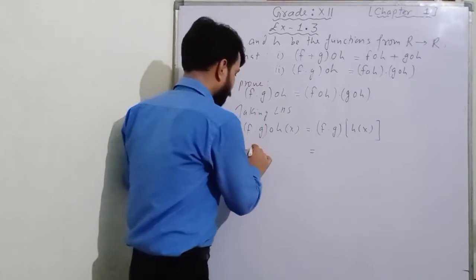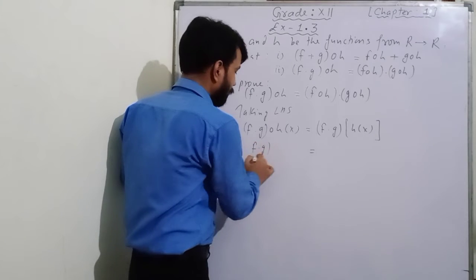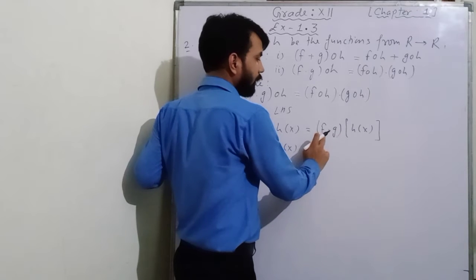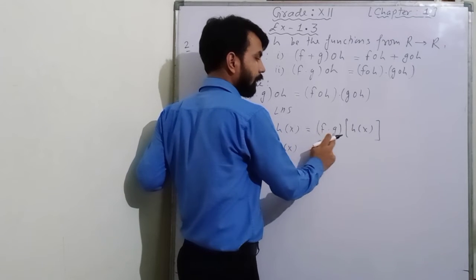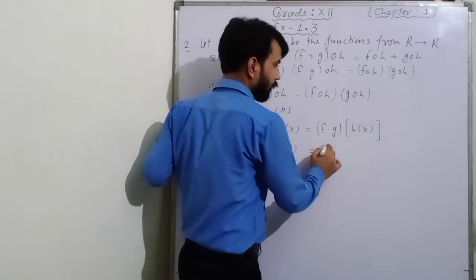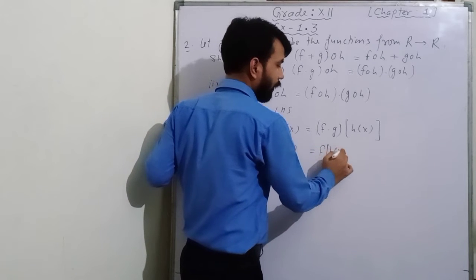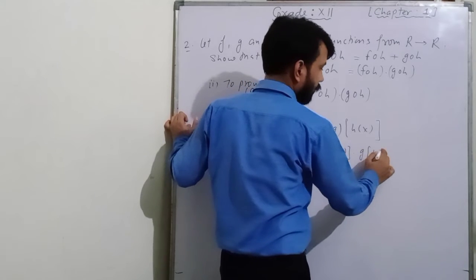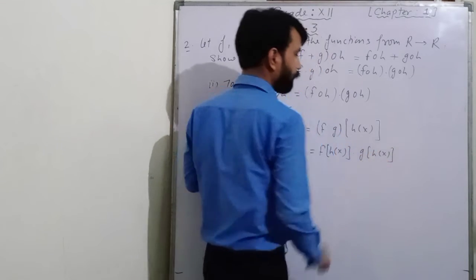So here (f dot g) o h(x) will remain same. Now this h(x) will be distributed among these two functions. So f of h of x into g of h of x.